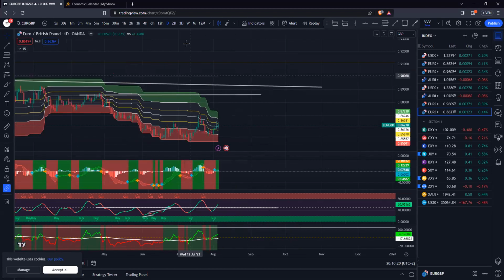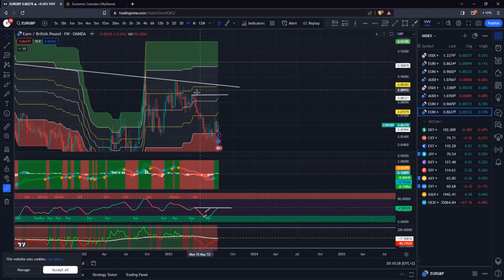Then the EUR GBP. The EUR GBP played out correctly. In the last Zooms, I said there is a chance to get back even to the previous high, but nothing changed in the market, but the volume went up. So what I'm expecting is a higher point of the volume and then a turning point, because this will be a divergence.